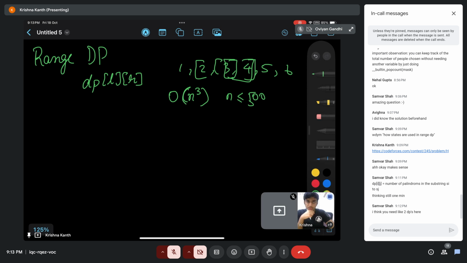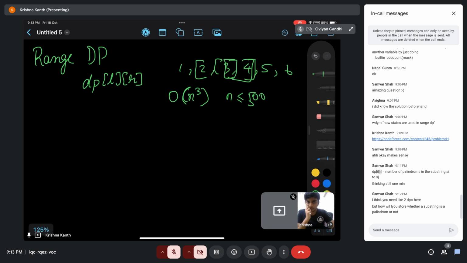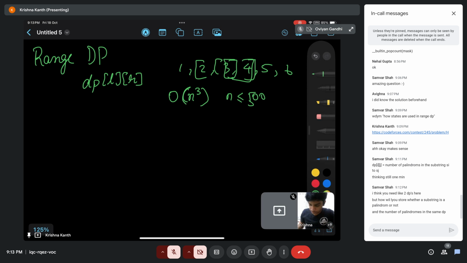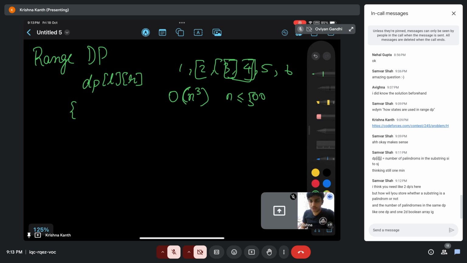I think the state that you mentioned above is sufficient, at least for this problem. Okay, you're calling that a DP. I mean, it's just a Boolean array, right? Okay.